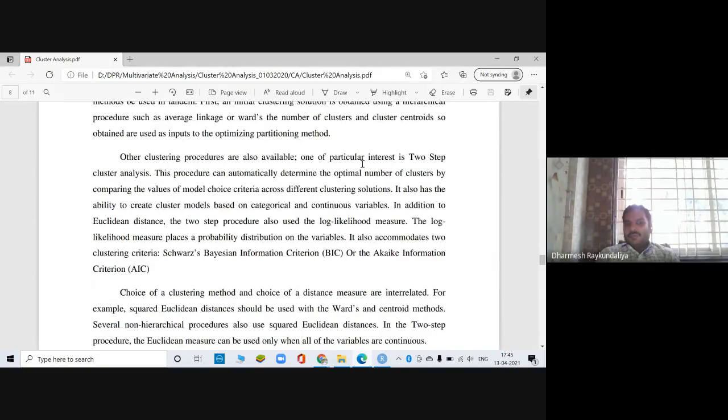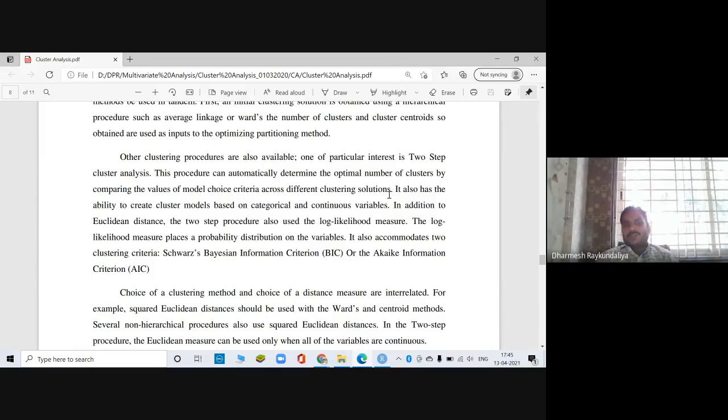The other clustering procedure of particular interest is two-step clustering analysis. This procedure can automatically determine the optimal number of clusters by comparing the value of model choice criteria across different clustering solutions. As I told you, you have to calculate the within variance and between variance.